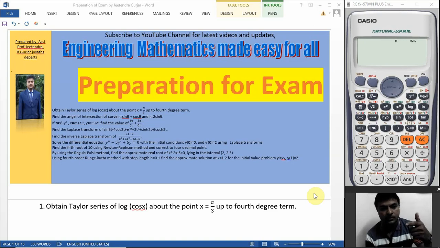How to remember the formulas, I will give the link in the description box. They are different units, one by one. I have collected the questions, and your answer must be perfect, so you can tally the answers, and with very few steps you can definitely score good marks.